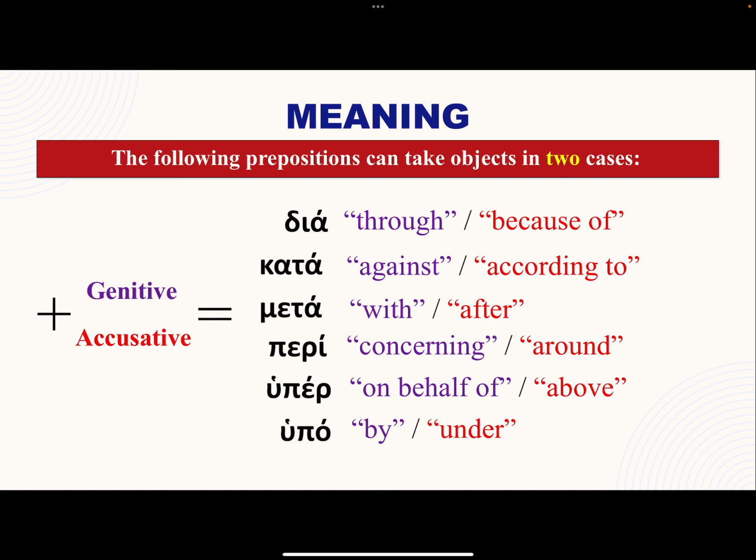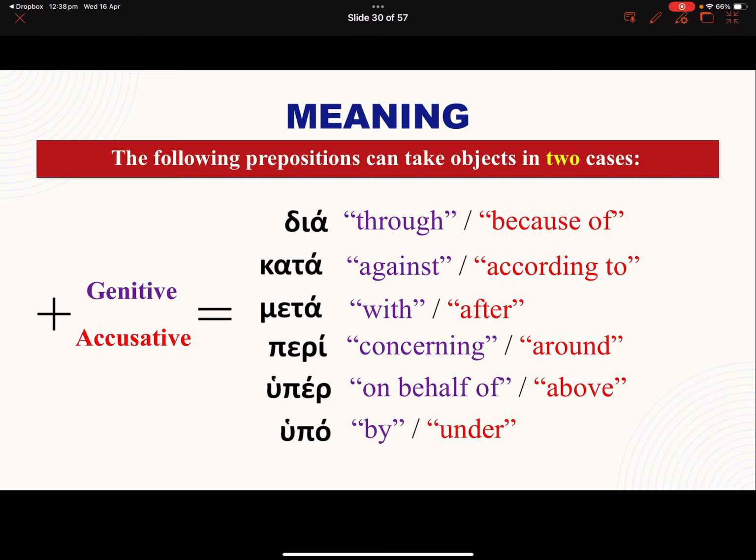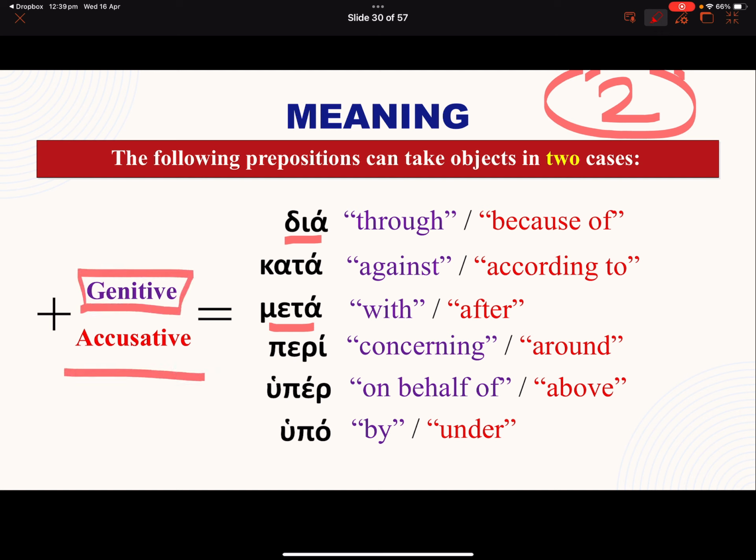There are, however, words like what we saw in the previous slides, dia and meta, which actually have two different meanings depending on what case comes after them. So these prepositions are followed by two different cases, and the meaning will change depending on whether it's being followed by something in the genitive or whether it's being followed by something in the accusative.